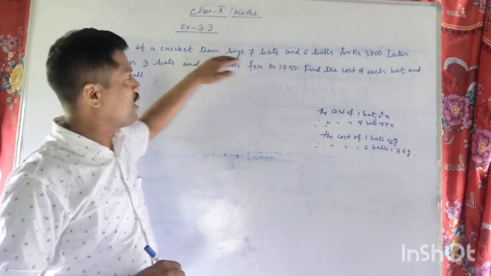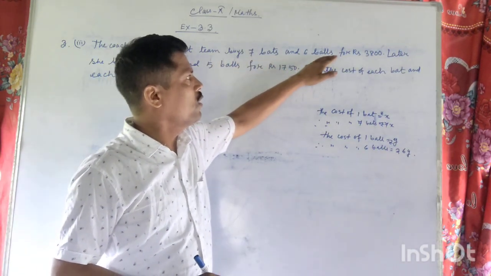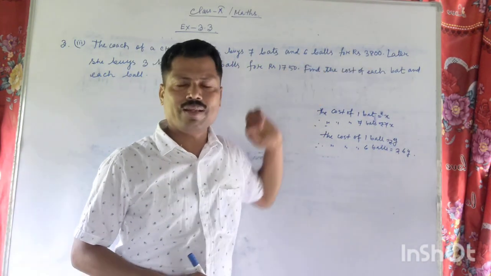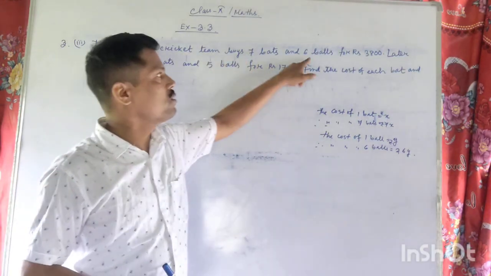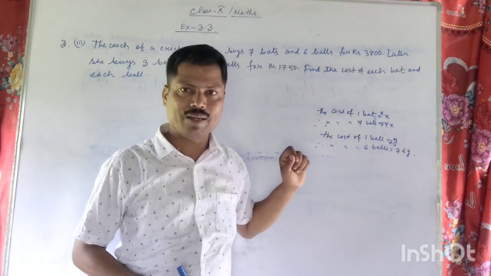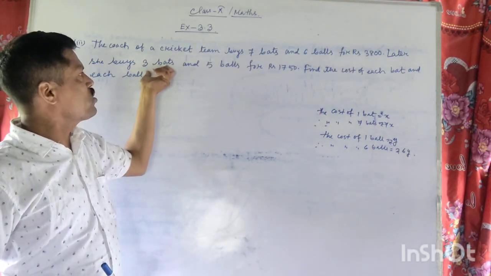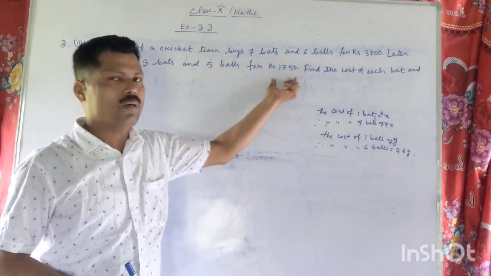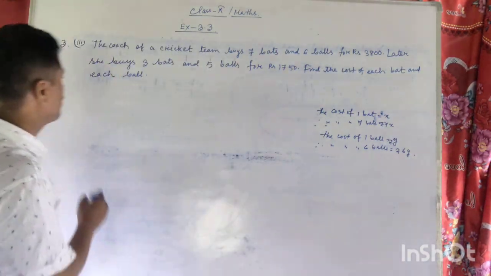So the first time, 7 bats and 6 balls, the total cost was 3,800. That means 7x plus 6y is equal to 3,800. And the second time, 3x plus 5y is equal to 1,750. Let's start now.